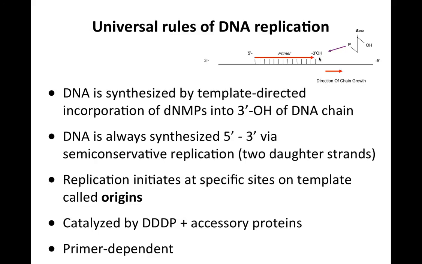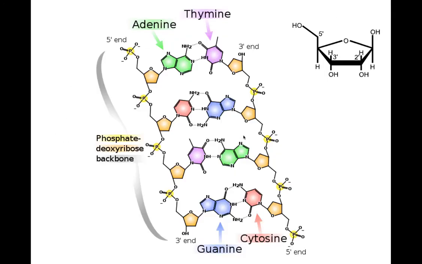So the DNA that is synthesized is always synthesized in a 5' to 3' direction. And perhaps we should go back to a previous slide to explain what 5' and 3' means. We always indicate the directionality of DNA by that means, 5' and 3' ends.